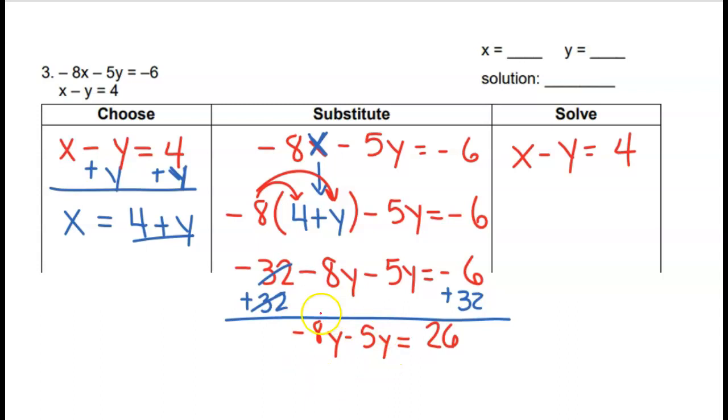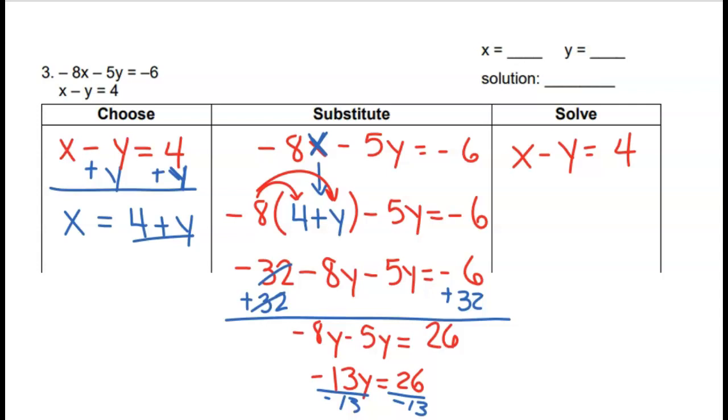and these are on the same side of the equal sign, so I combine those. I am solving for y. I need to get y by itself. And so that means I'm going to need to divide by negative 13.